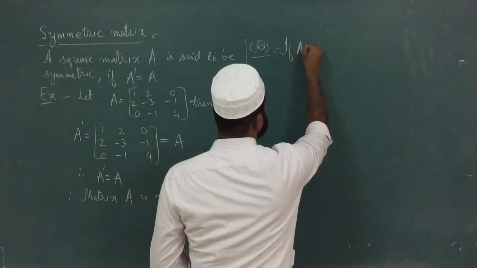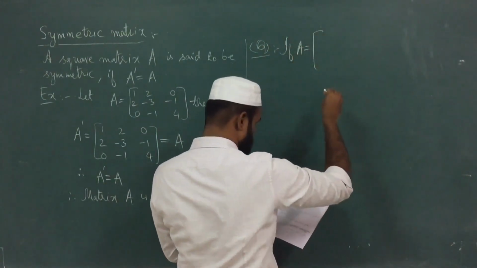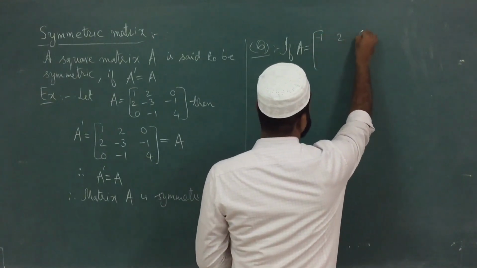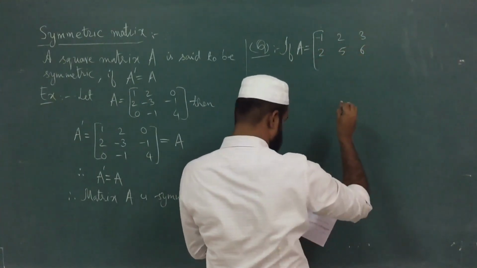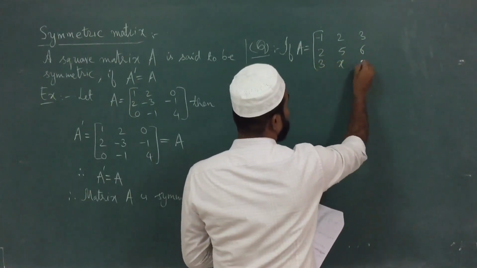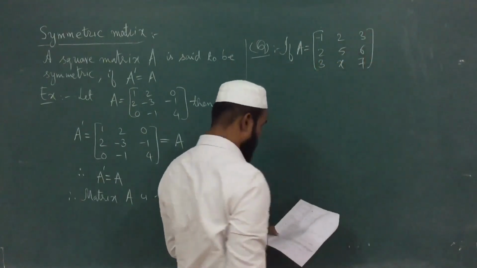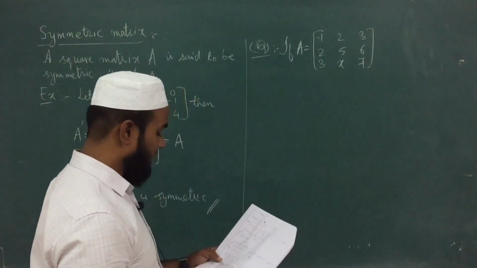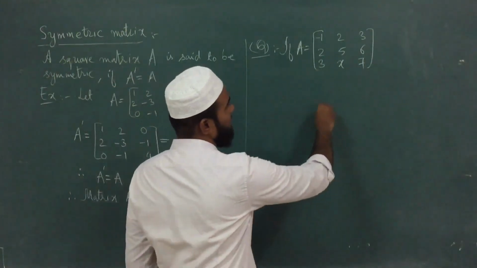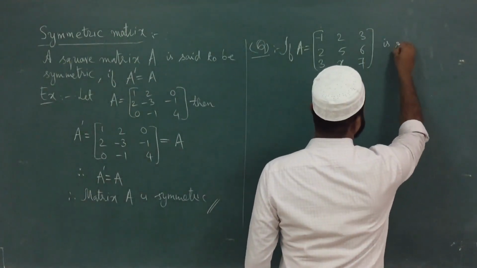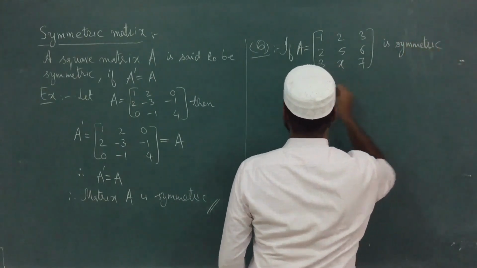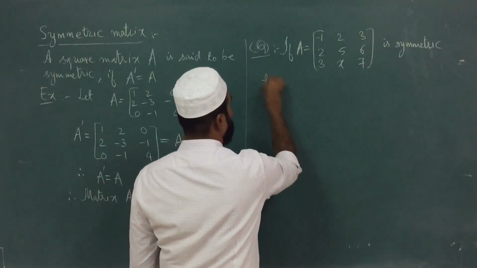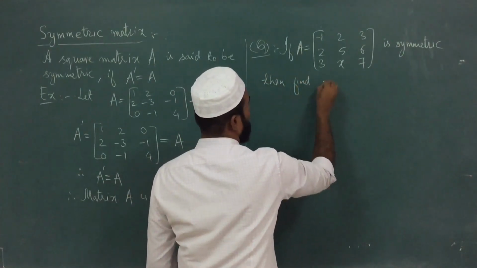If A equals the matrix minus 1, 2, 3, 2, 5, 6, and the third row is 3, x and 7, and this matrix is symmetric, then find x.